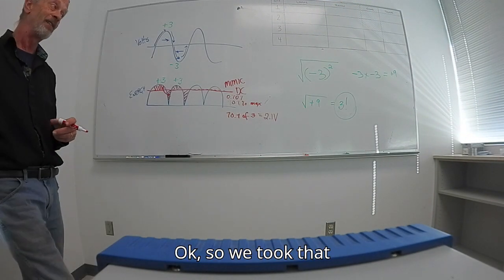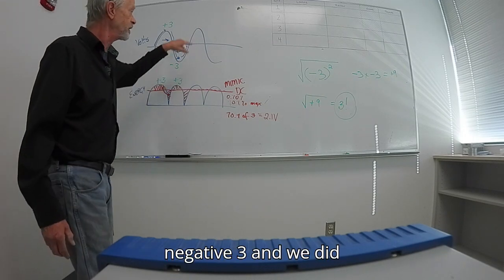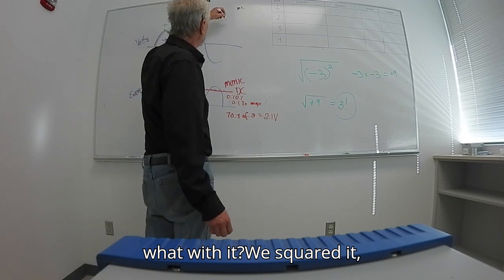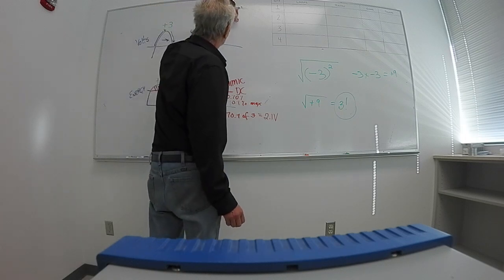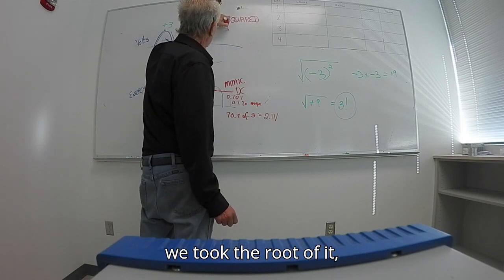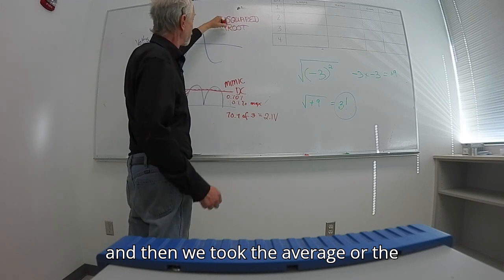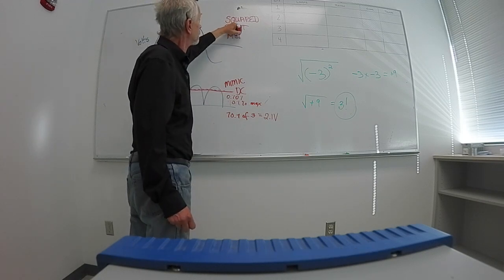Okay, so we took that -3 and we did what with it? We squared it. We took the root of it. And then we took the average or the mean.